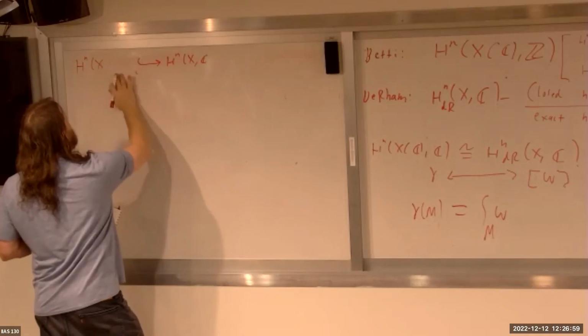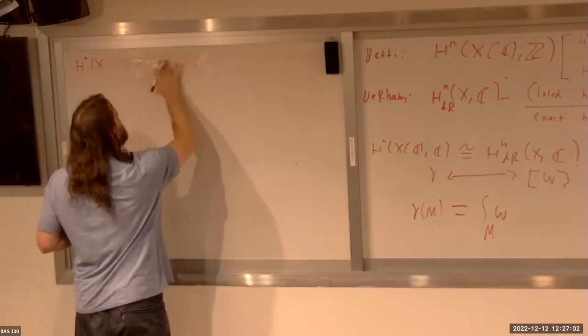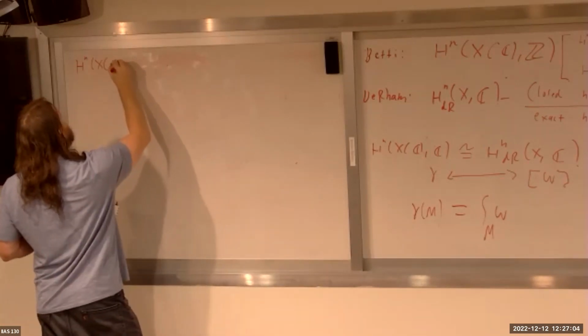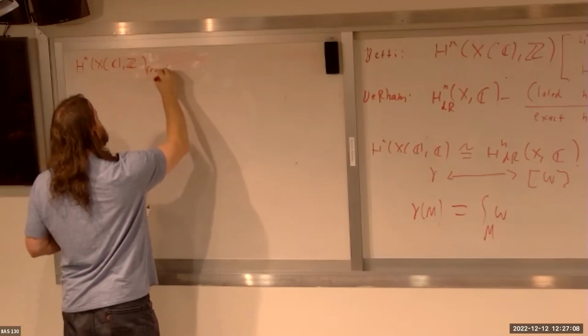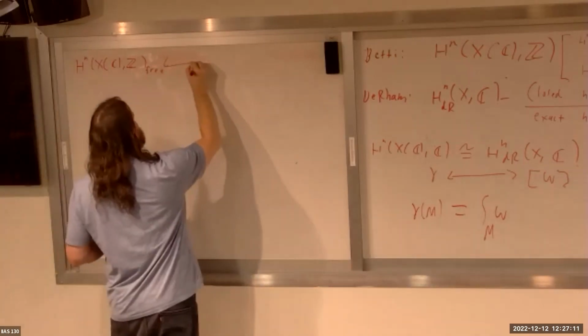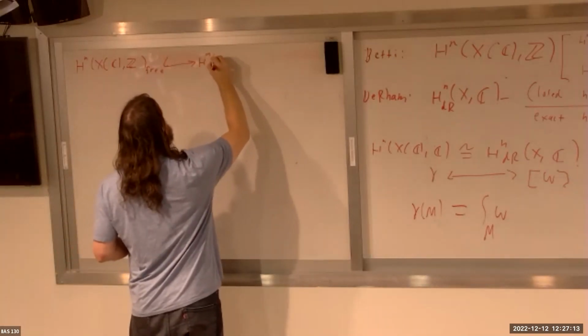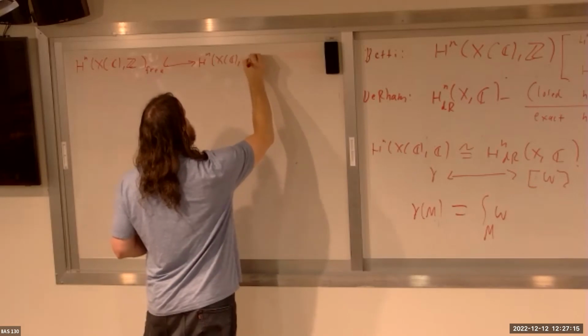Sorry, let me be precise and try to not make as many mistakes as I usually do. This is Betti cohomology. So let me actually talk about the group of points X sitting inside its complexification.